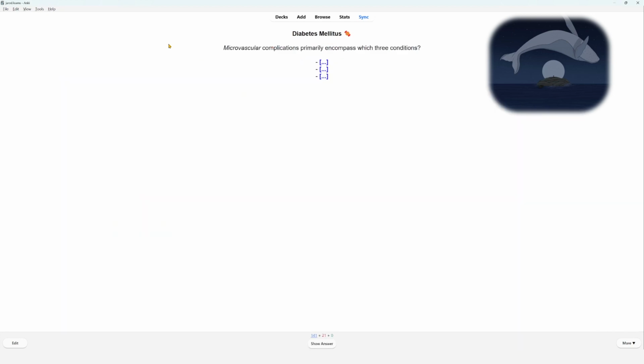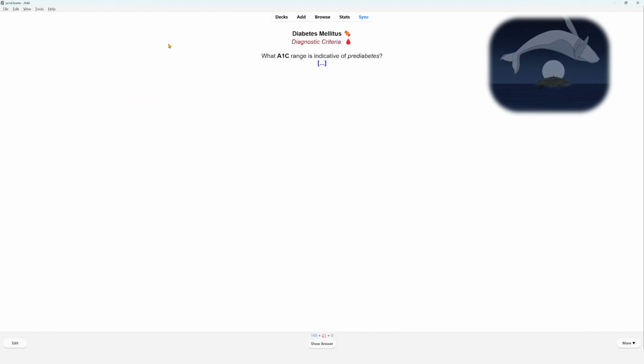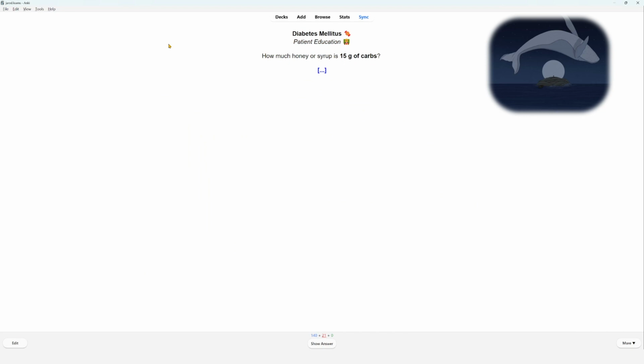Microvascular complications encompass neuropathy, nephropathy, and retinopathy. What A1C range is indicative of prediabetes? 5.7 to 6.4. All right, now we're rolling. And the honey or syrup, that's 1 tablespoon, 15 mLs.